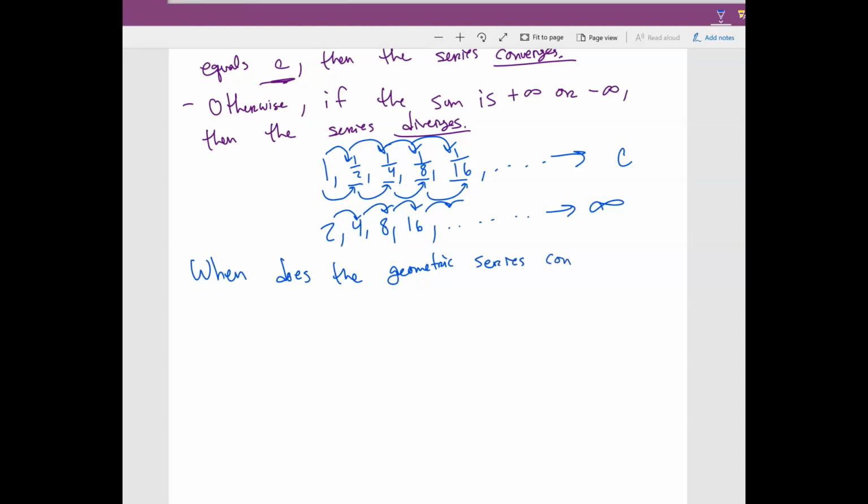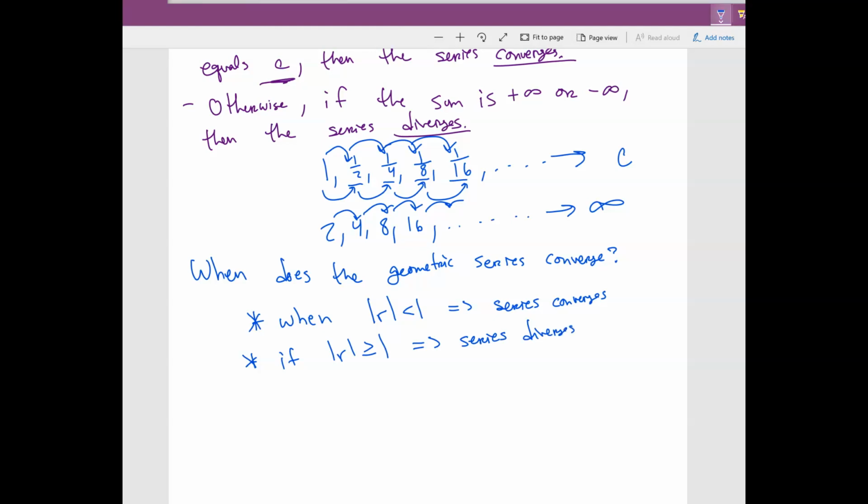When am I going to get to a number? The answer here is when the absolute value of r is less than 1, the series converges. If the absolute value of r is greater than or equal to 1, the series diverges.